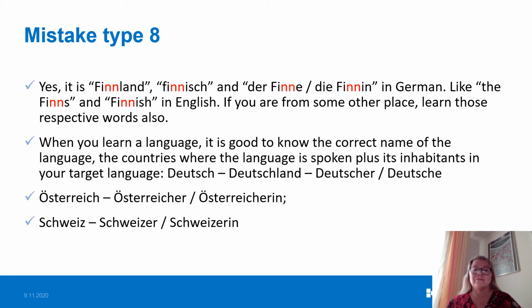When you learn a language, it is good to know the correct name of the language, the countries where the language is spoken, plus its inhabitants in your target language. So in German for Beginners or German 1 or whatever you call that course, you should definitely know how to say the biggest German-speaking countries. Deutsch, Deutschland, Deutscher, Deutsche, Österreich, Österreicher, Österreicherin, Schweiz, Schweizer, Schweizerin.